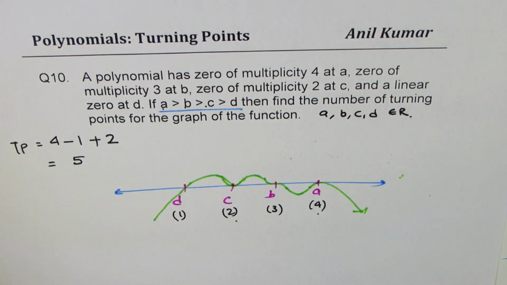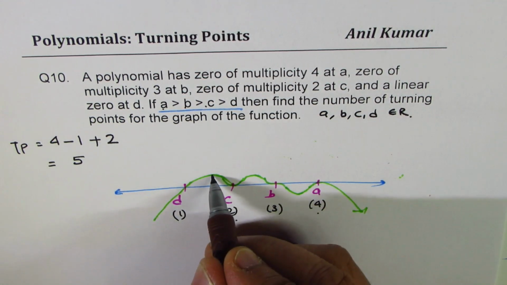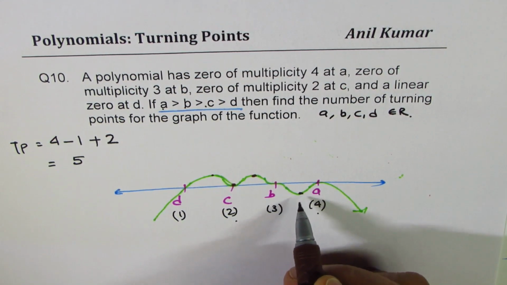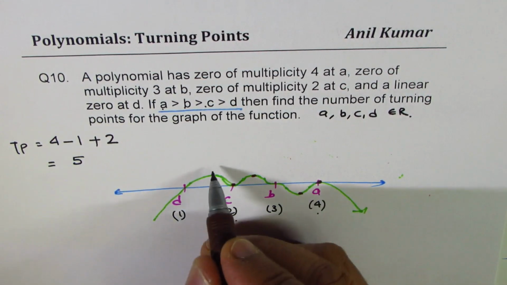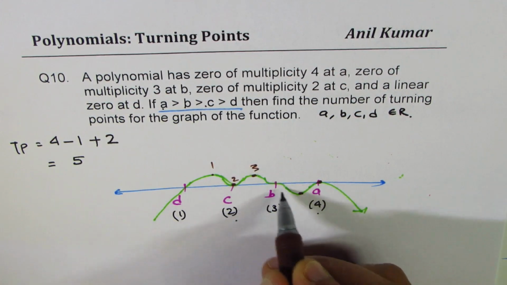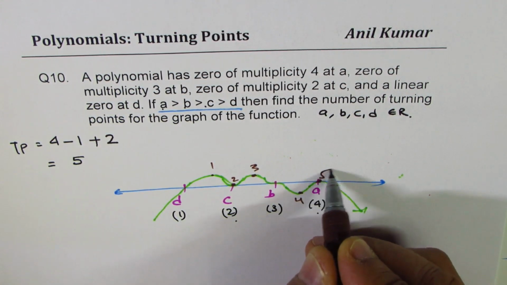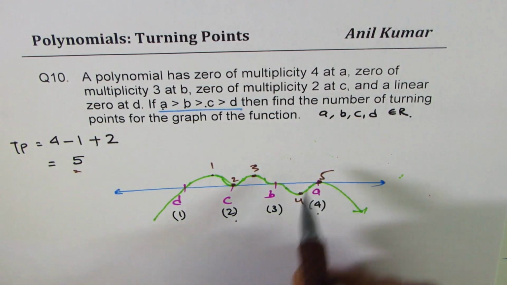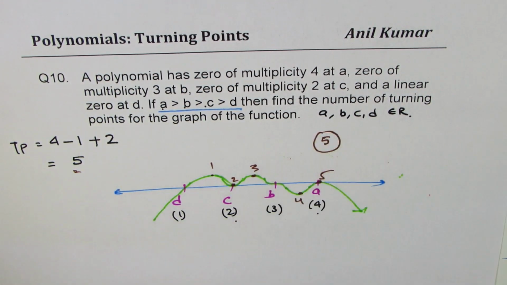And count and verify the number of turning points. So we have number of turning points as 1, 2, 3, 4, and 5. Clearly, right? Remember, this is not a turning point. So we get 5 turning points as our answer.